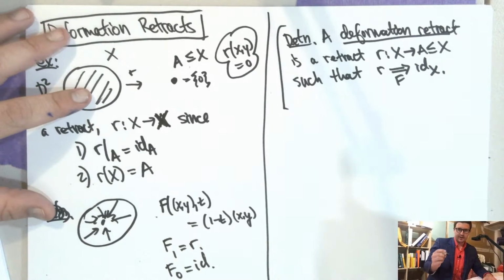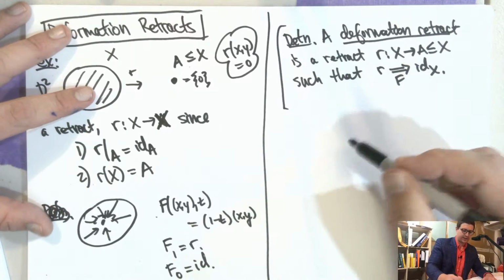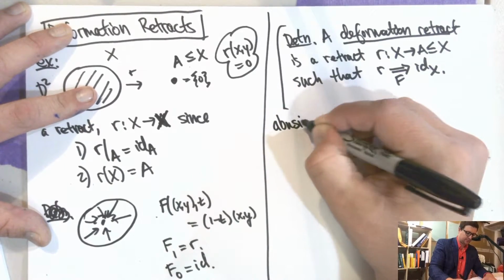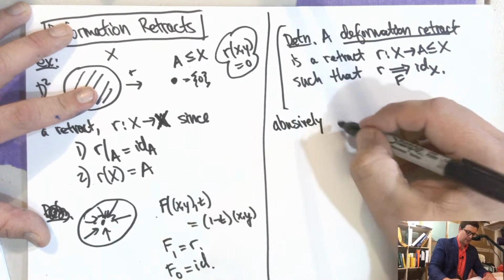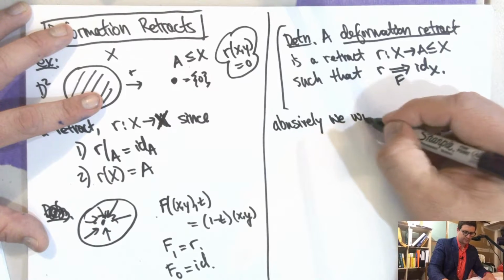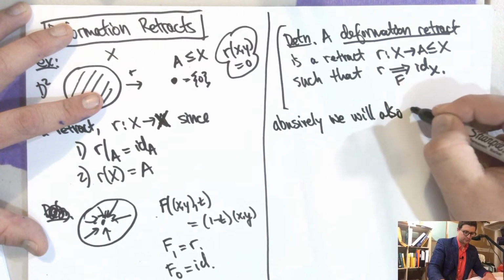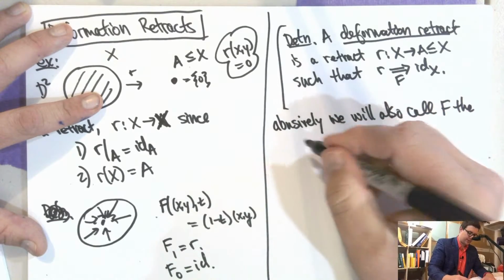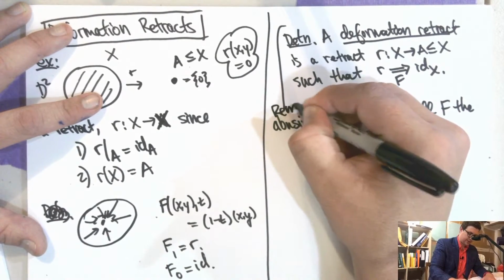Okay, so R is a retract such as this, and abusively we will also call F the deformation retract. Let's just make this remark, because I will do that.